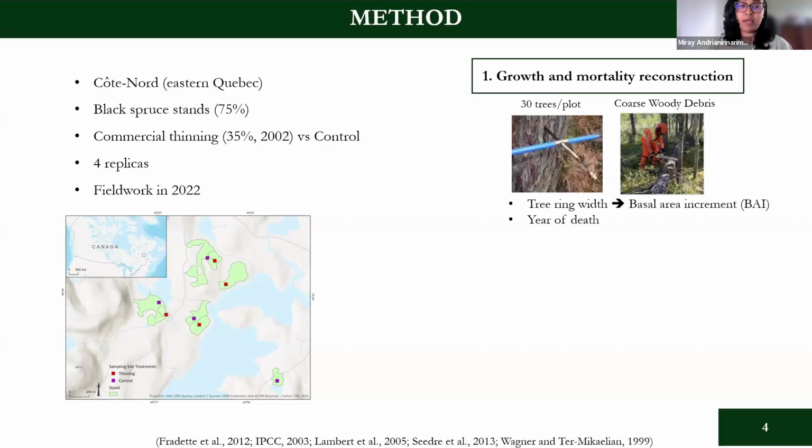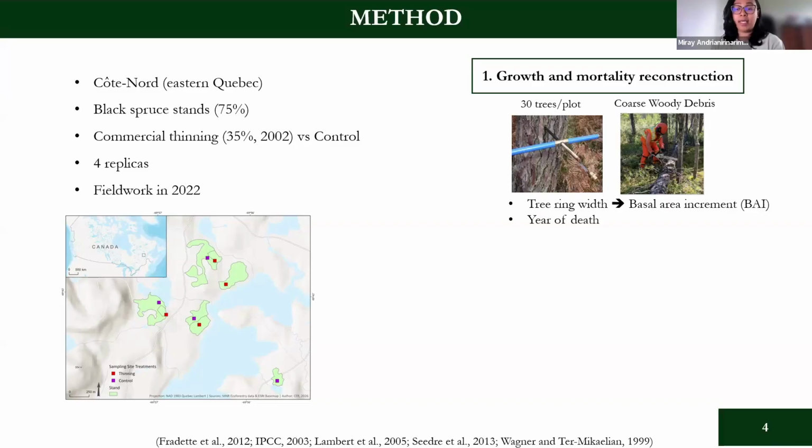So to reconstruct the growth and mortality dynamics, we collected increment cores from 30 living trees within each plot. As Aakriti explained earlier, I'm not going to go into detail on the dendrochronological process, but I just want to mention that the tree ring widths were converted to basal area increment, which provides a better proxy for tree biomass.